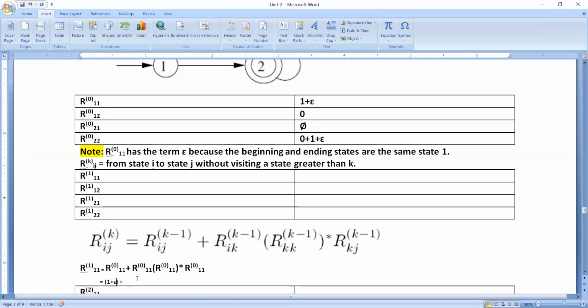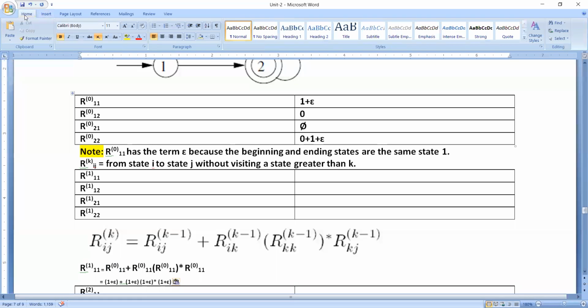Same, 1 plus epsilon, into, again r power 0 1 1, so again it will be 1 plus epsilon whole star into 1 plus epsilon, because everything we have is in terms of r power 0 only. That is the reason we get this. Everything will be 1 plus epsilon only, because we are working on r power 0.